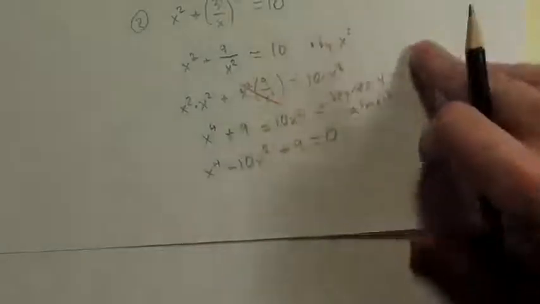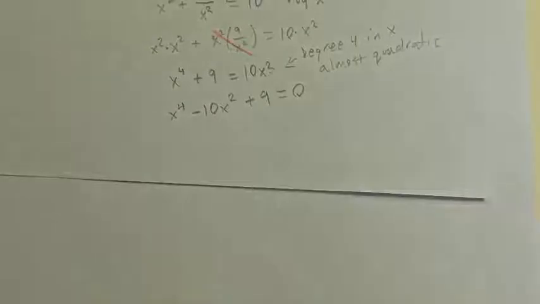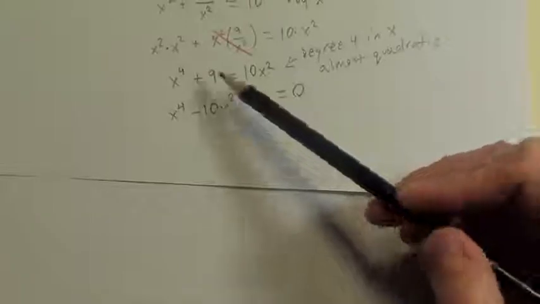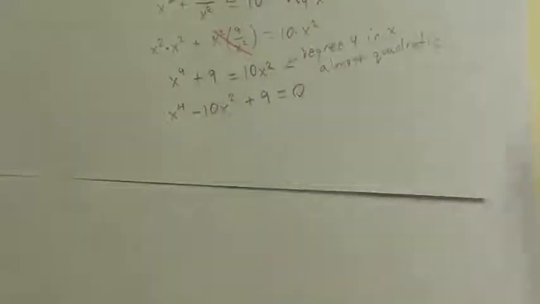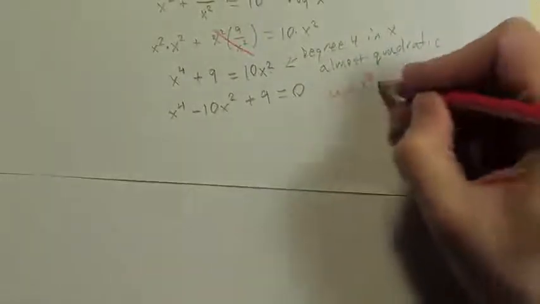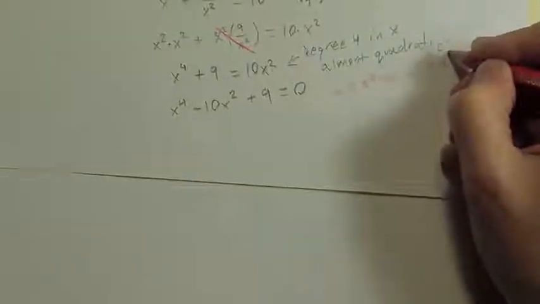So if you remember back to some of the early lessons, this one's really mapping back. I have x squared here and I have it doubled here, x to the 4th. So if you let u be x squared, that tells me that u squared is x to the 4th.